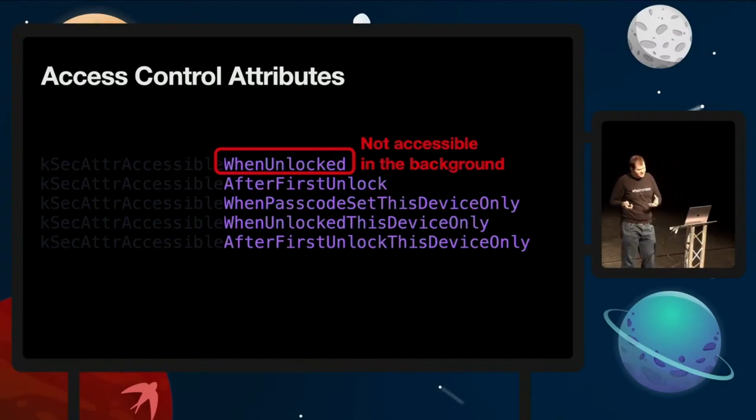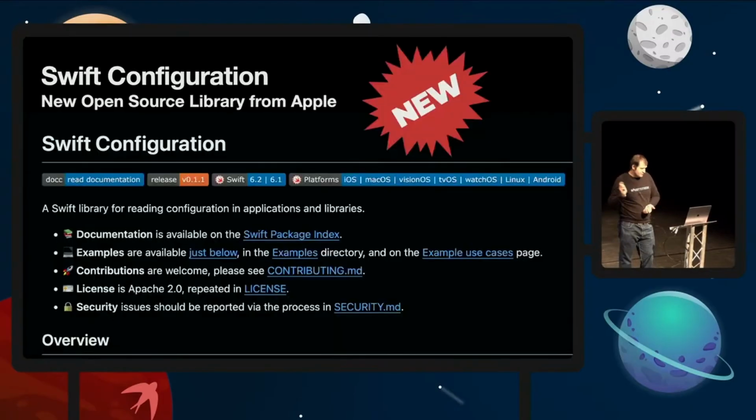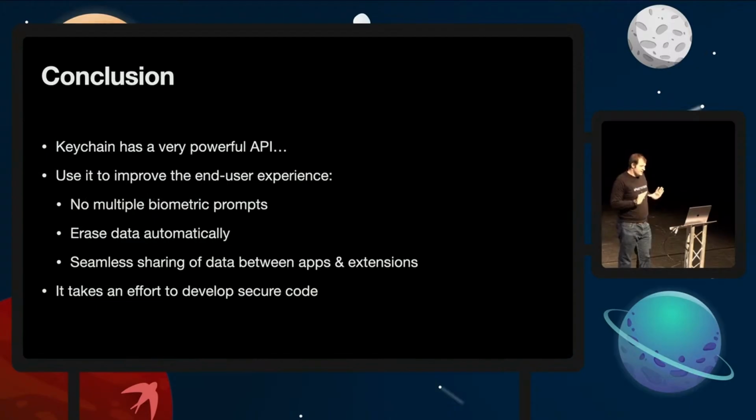It creates many complex bugs. So again, one advice of checking out this new library that just dropped 1 week ago from Apple. It's called Swift Configuration. And to conclude, the Keychain has a very powerful API, and I recommend to use it in design different flows to improve your user experience.